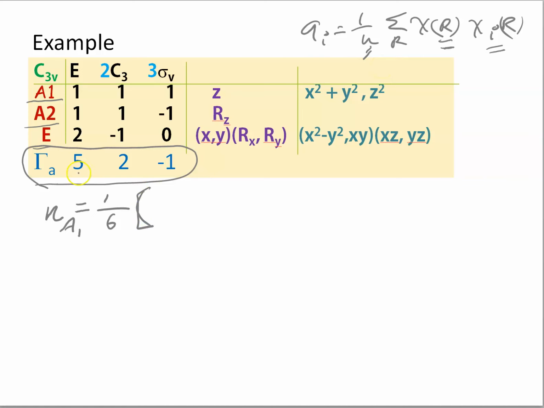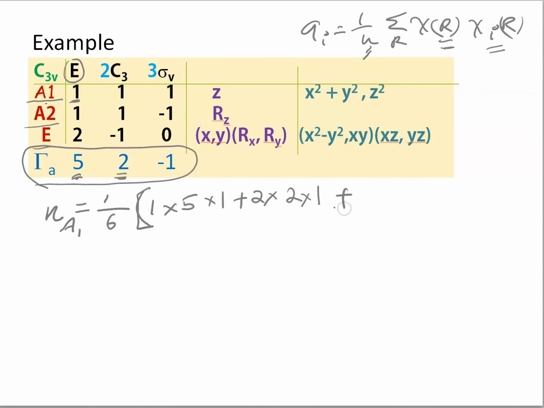What is chi r? There is only one element in the class E. So 1 into chi r, that is 5, the character of the reducible representation, into chi ir, for the A1 irreducible representation we are considering, which is 1, so 1 into 1, plus. Next, we are summing over all the operations. First E, then C3. There are 2 C3, so 2 into the character of the reducible representation, 2, into the irreducible representation, 1.